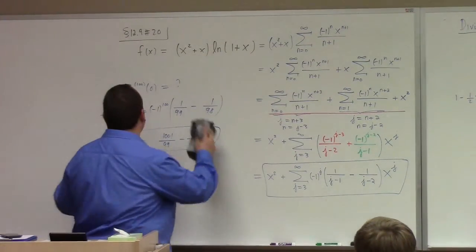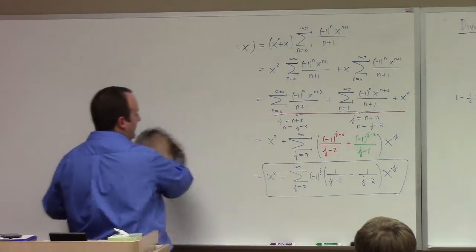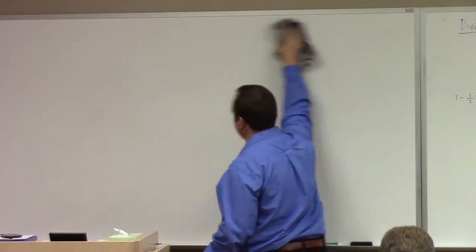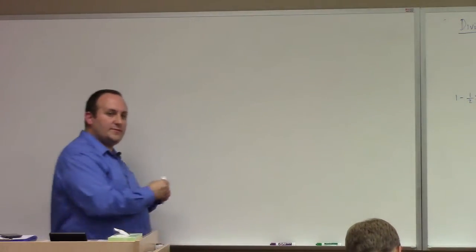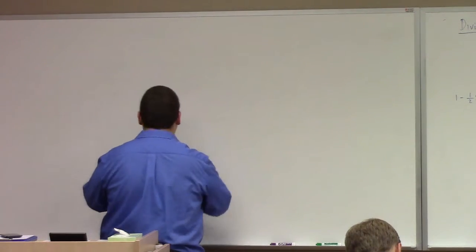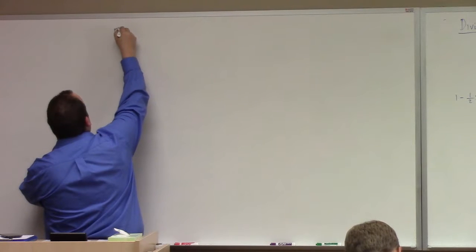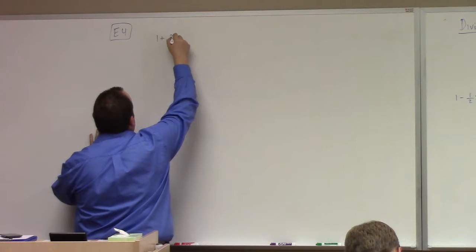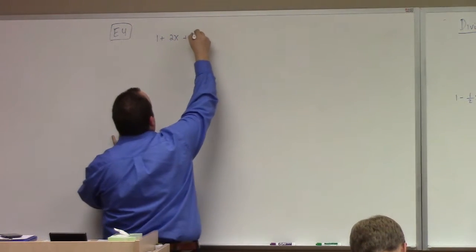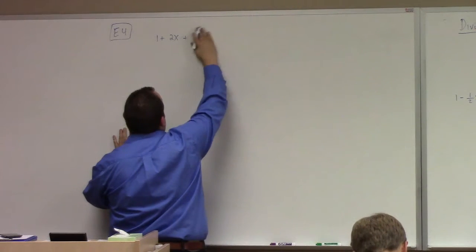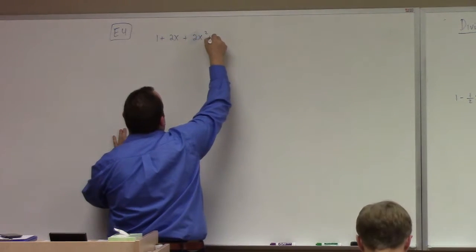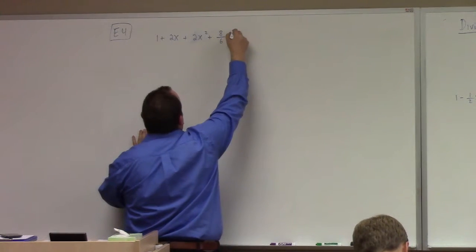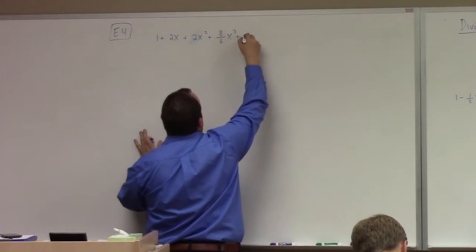Let's see here, guys. How about multiplying power series? How do we multiply power series? Let me multiply a couple of series and see how it goes. So, example: 1 plus 2x plus 2x squared plus 8/6 x cubed plus dot dot dot.